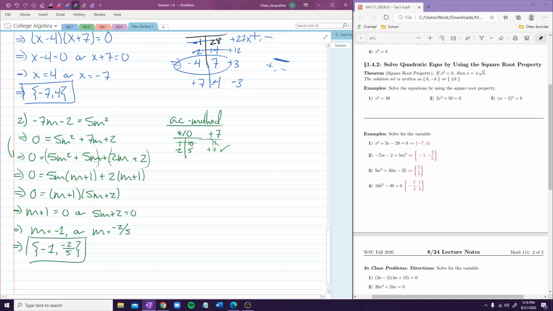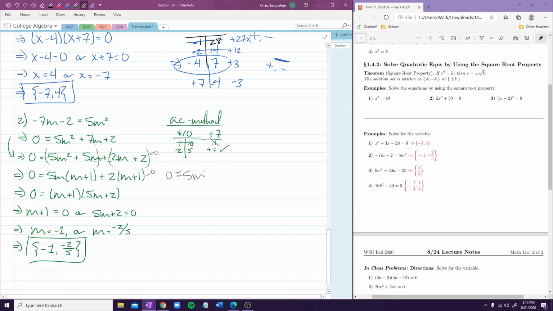So very quickly, if I went with my initial way, I'll do it in a different color. If I did 0 is equal to, also, you could have put equals 0 on the right-hand side. It doesn't matter.